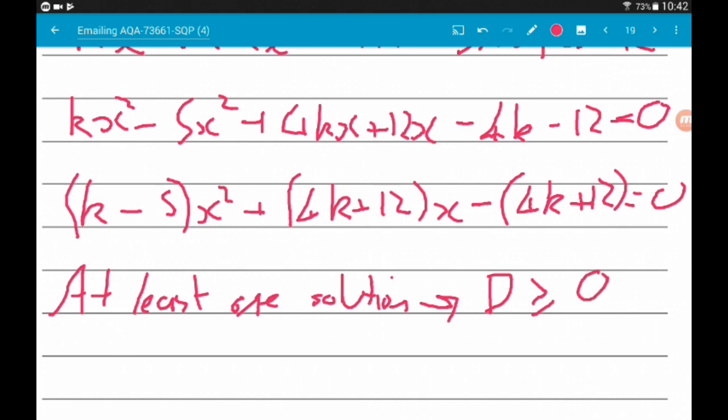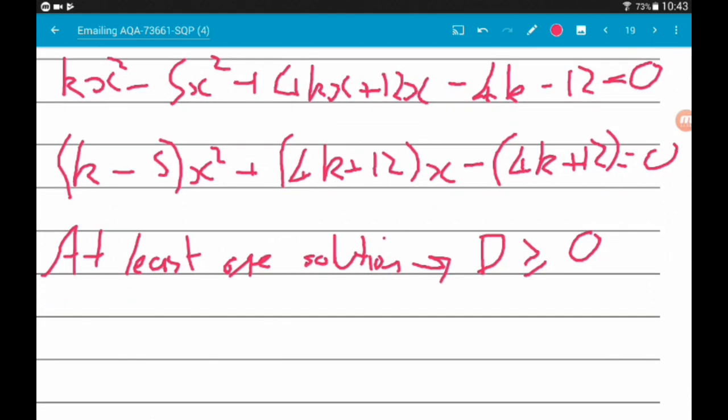Now again, it's because we don't know how many solutions there are. There is at least one, but there might be two, so the discriminant has to be greater than or equal to 0. So remember, the discriminant is b squared minus 4ac.